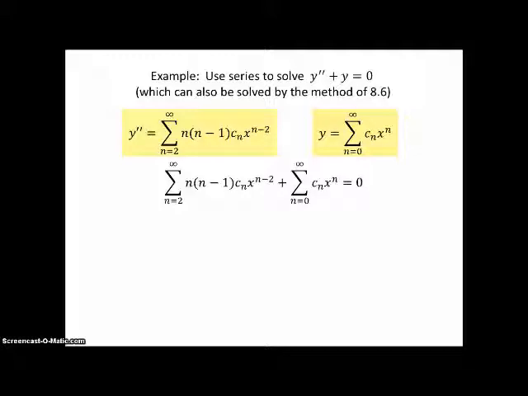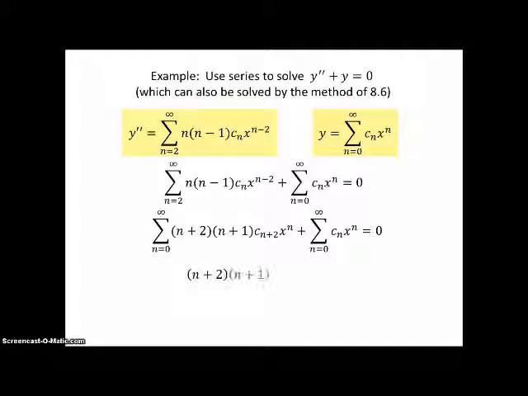Now this time that first index is starting at 2, so we've got to change that to start at 0. And so we up our n's in the subscripts and so on by 2 to make it equivalent, just a change of indices there. Now we can combine those, and we're only looking at the coefficients because the sum of the coefficients then has to come out to 0. So I can solve for c sub n plus 2 in terms of c sub n.